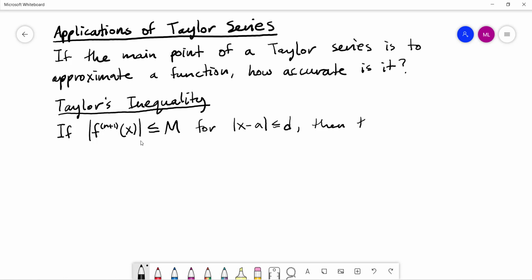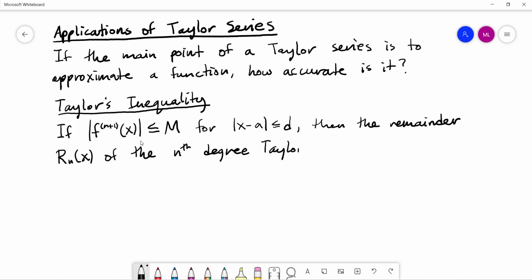Then it turns out that the remainder, which we're going to call Rn(x), this is the notation we've used in previous videos, of the nth degree Taylor polynomial, satisfies the following.